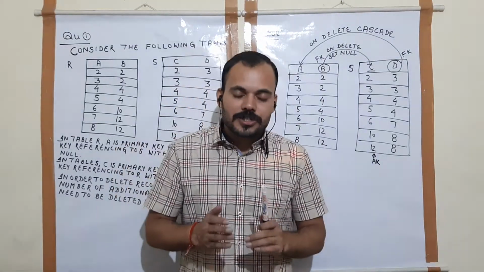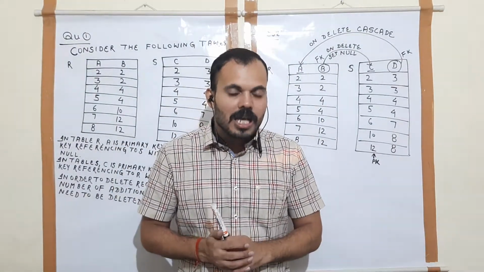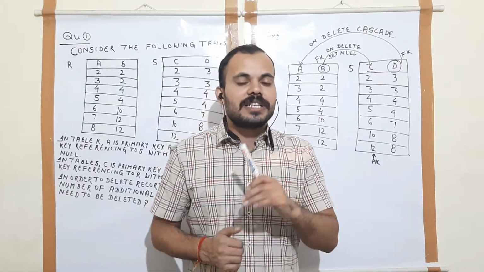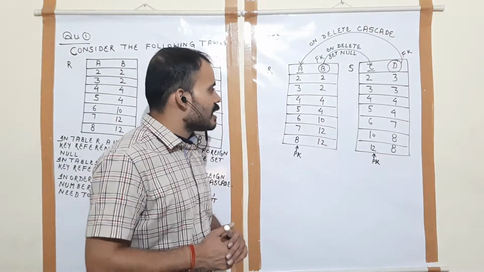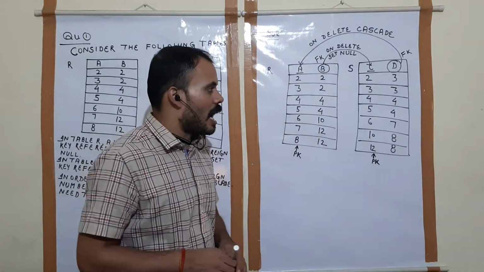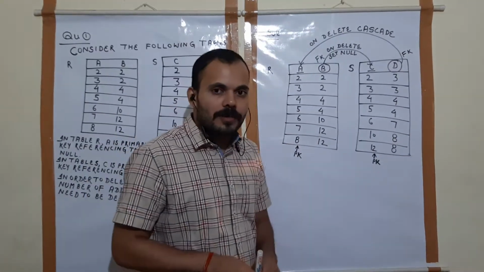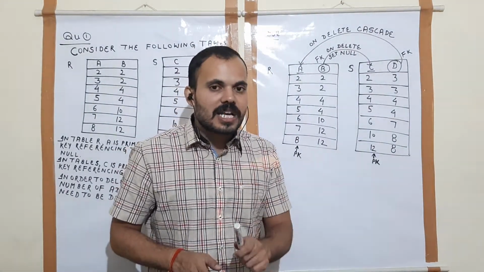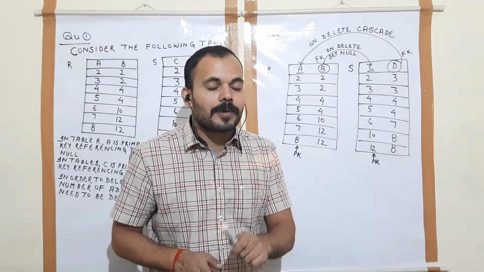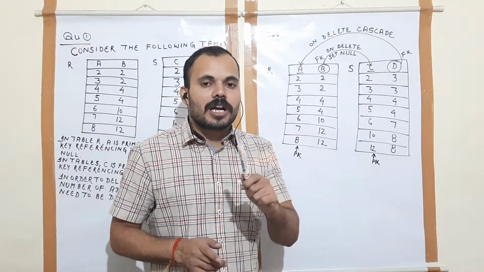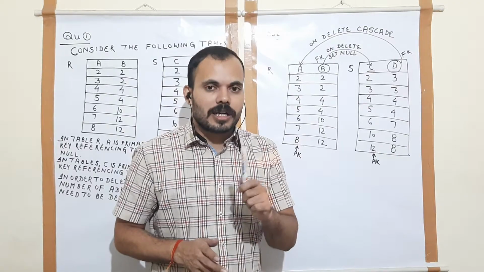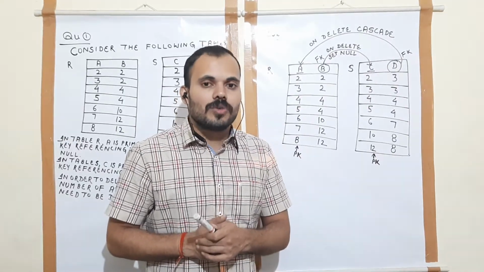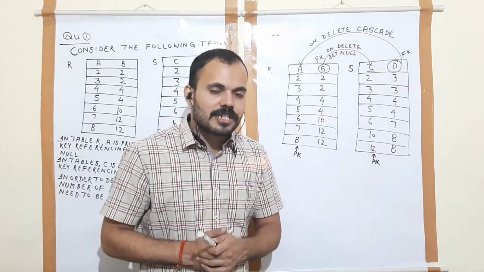See, we have studied in the previous lecture that if the integrity constraint is on delete set null, it means if we delete a record from the referenced relation. What is referenced relation? The relation which contains the primary key or alternative key which is referred by the foreign key is known as referenced relation.